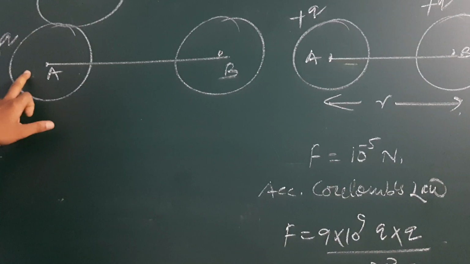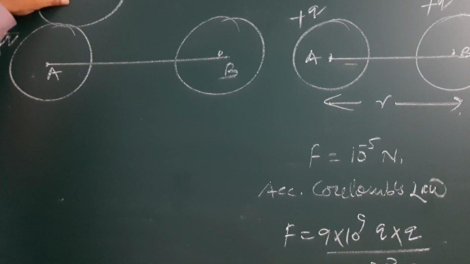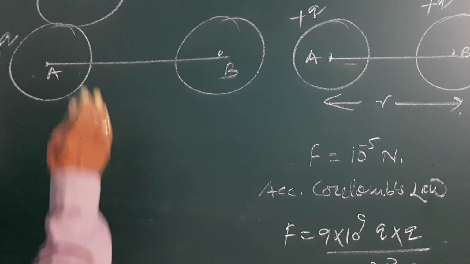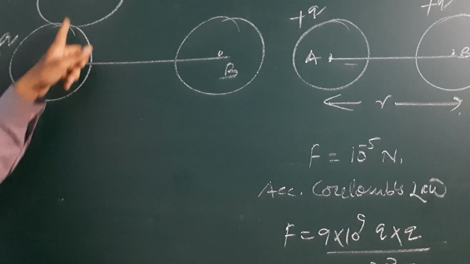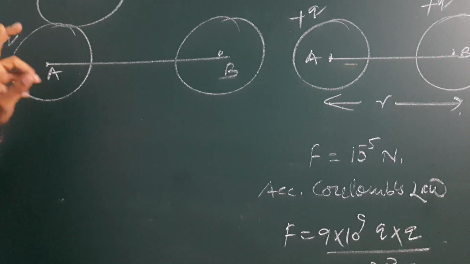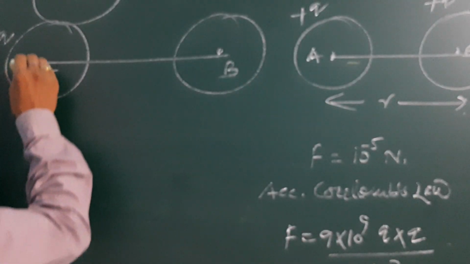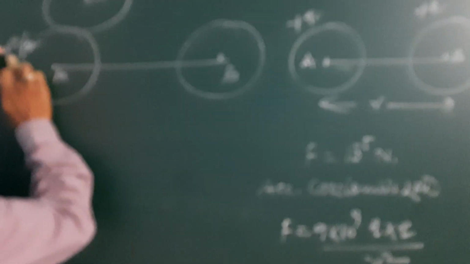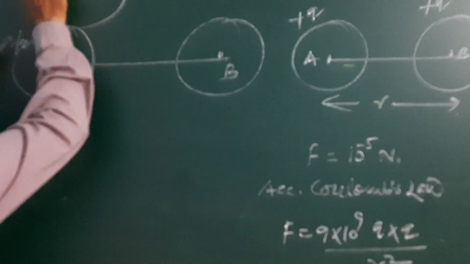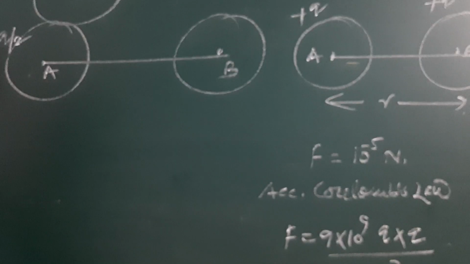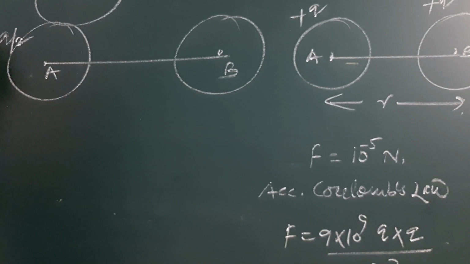But when it is touched to A and they are identical, the charge is divided into two equal parts. So sphere A has Q by 2 and C also has Q by 2.